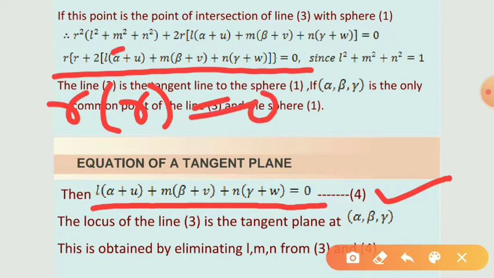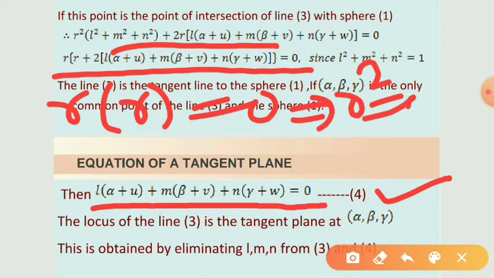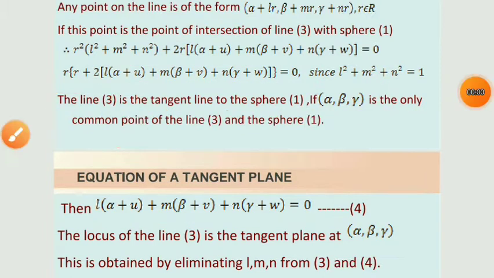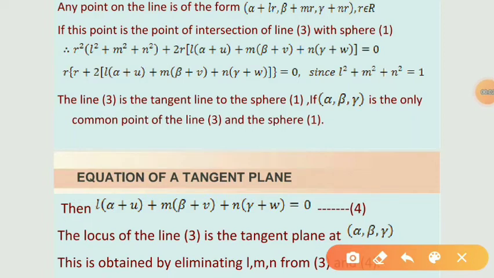Because this is 0, we will get R into R is equal to 0. This implies R square is equal to 0. Therefore R is equal to 0 is the only root of the equation. Therefore L into alpha plus u plus M into beta plus v plus N into gamma plus w is equal to 0.